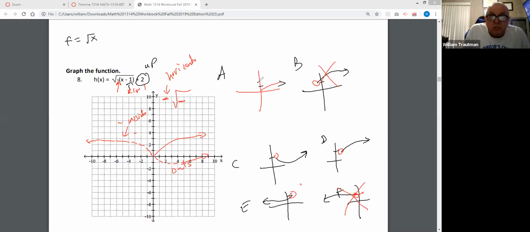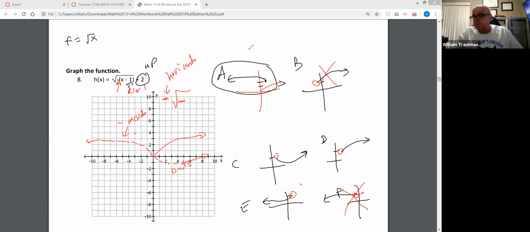It goes up to the right 1, and then it goes opposite, the opposite side on the y-axis. If it was a negative on the outside, it flips down horizontal. But this one is on the inside, so it flips the other way along the y-axis. So this is the correct answer for this problem.